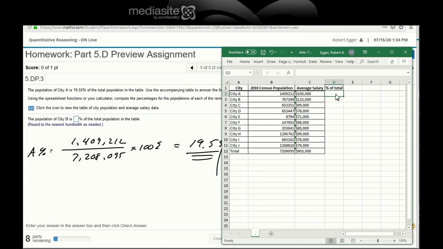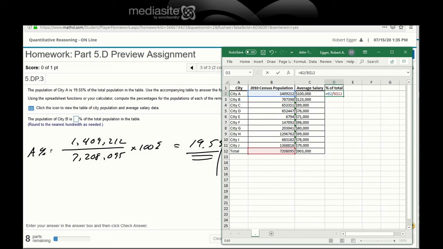So let's go equal city A divided by total. Remember, I don't want the total to move, and I really want its row to stay the same. Let's see how that works as I go up and down.